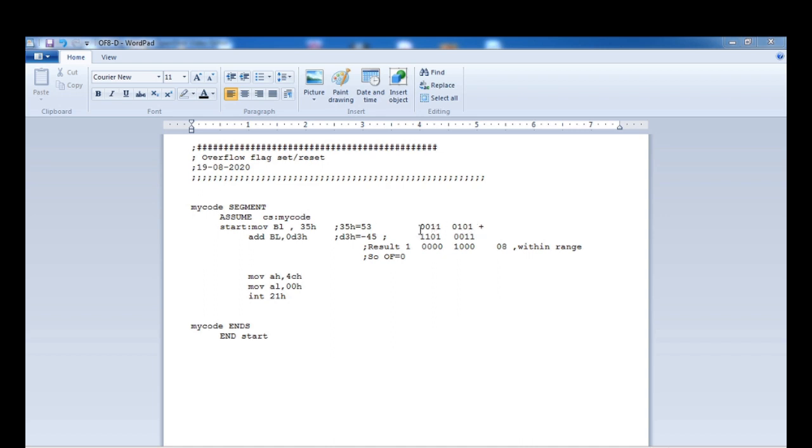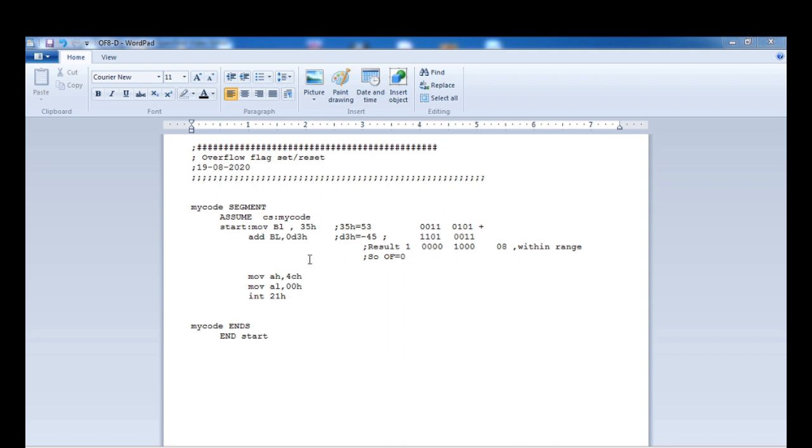The sign bit is 0, so it is a positive number. It represents 53. D3 has sign bit 1, so it is a negative number in signed arithmetic. It represents minus 45. When you sum up, you get the pattern 0000 1000. The carry will be there, and the result is within our range. The 8-bit range is minus 128 to plus 127. So the overflow flag will never set.